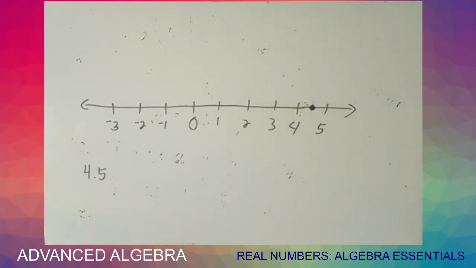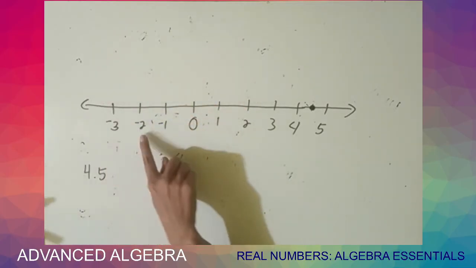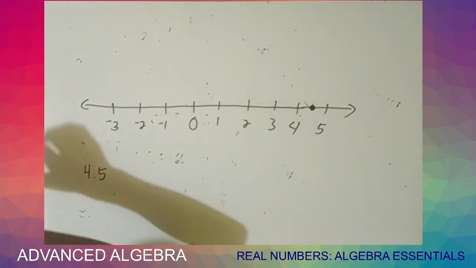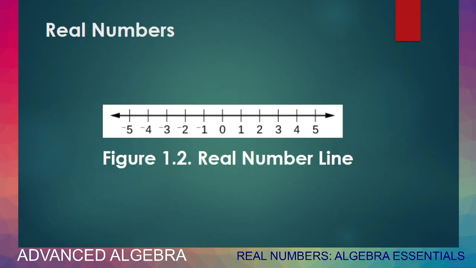Kapag nag-graph tayo, tinatansya lang kung saan ilalagay yung number. Pero dito sa real number line, ganun din naman nangyayari. So hindi mo lang talaga makikita yung mga may point. So ilolocate mo lang kung saan siya, pero hindi mo siya makikita as whole number. Okay? So next. So yun yung sa real number line.